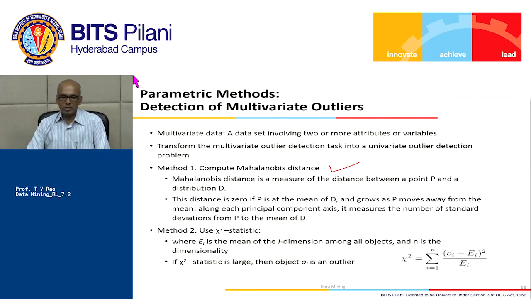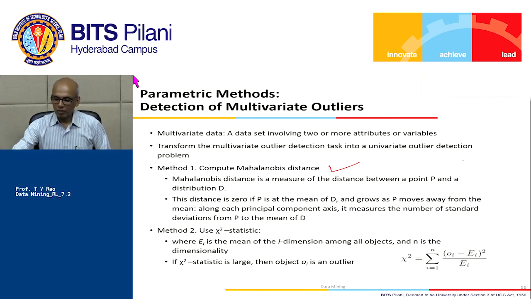Mahalanobis distance uses the principal component axes and gives the appropriate normalization along each axis, so that all the axes get equal significance with respect to determining if some object is an outlier.